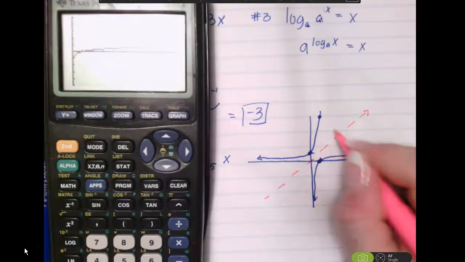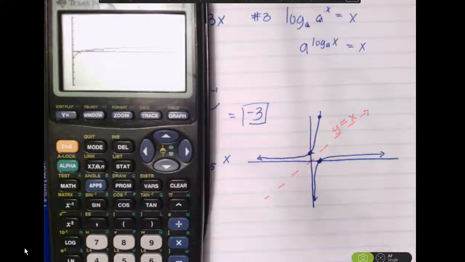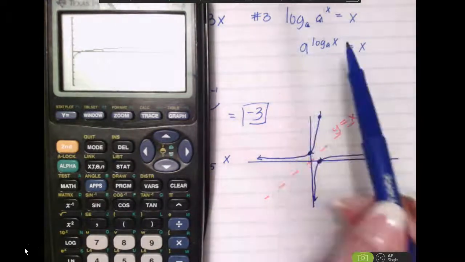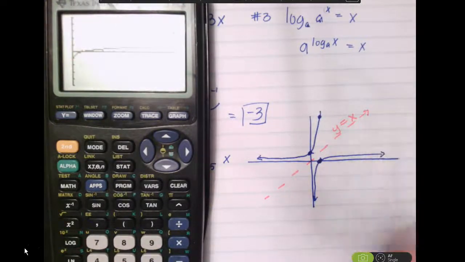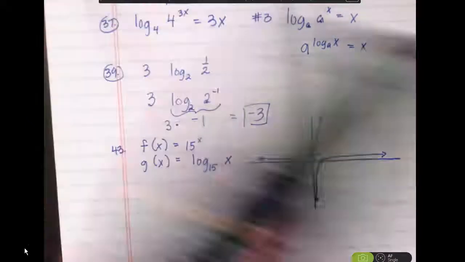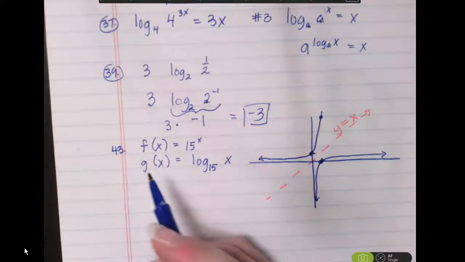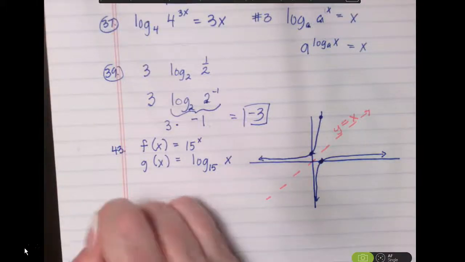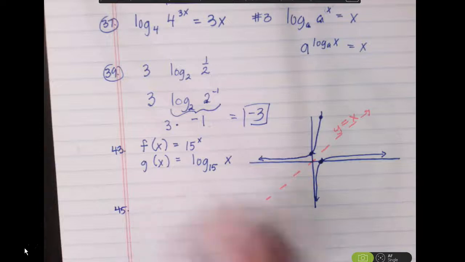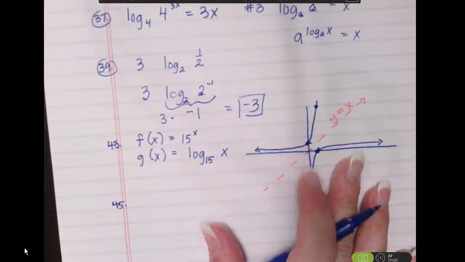It's a reflection over the line y equals x. So that's what happens when we have inverse functions of each other. And as you can see all along in these problems, we've been converting between exponential and logarithmic form. They are opposites or inverses of each other. So with that being said, I hope I don't have to do too many more graphs. Oh, of course I do.